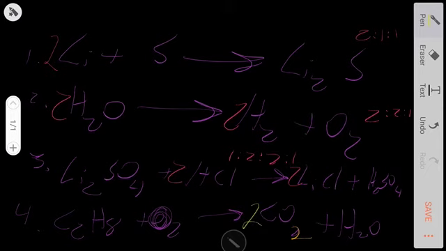I should make that 2 over here. So now I've got 2 carbon, fantastic. Here now I've got 4 oxygen and 1. So that's a total of 5. But I also have to keep in mind that I've got this 8 over here. That's going to make things a little bit tricky.